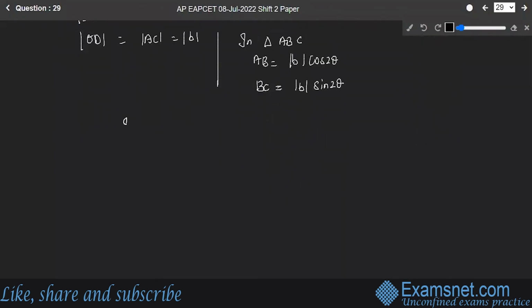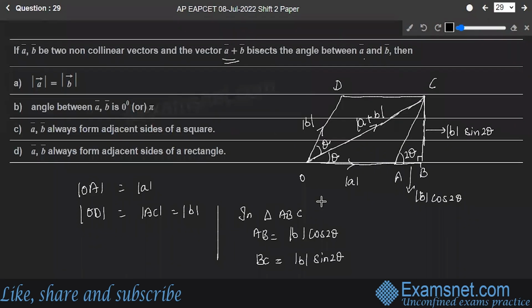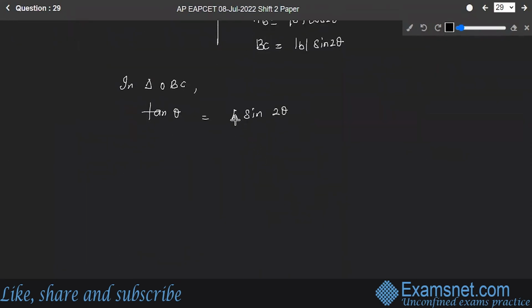In triangle OBC, if you look at the triangle, then tan theta is given by B sine 2 theta whole upon A plus B cos 2 theta. So now let's open it up.